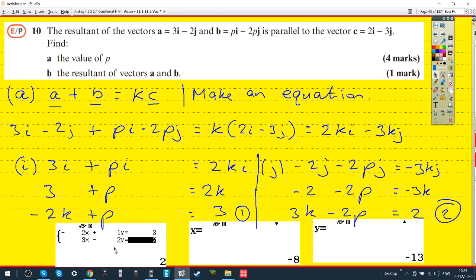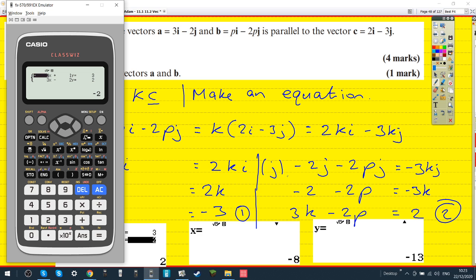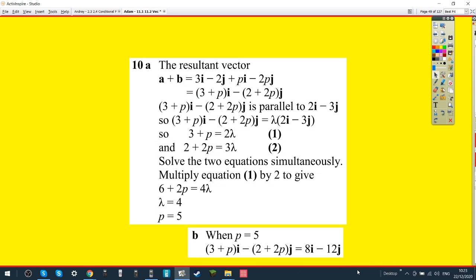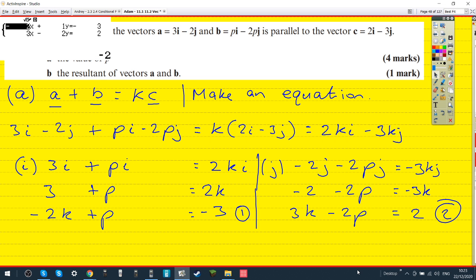I forgot the minus. Minus 3. Yep, 4 and 5. Let's delete these. 4 and 5. Okay, so part B then.